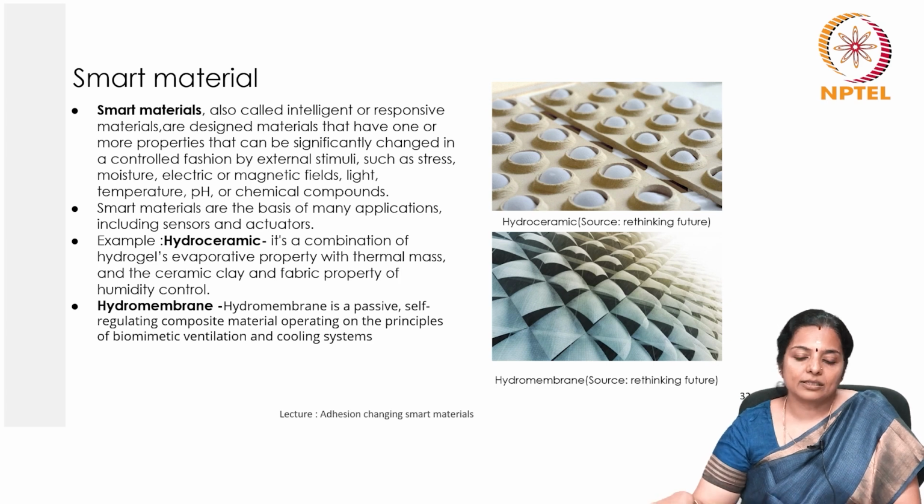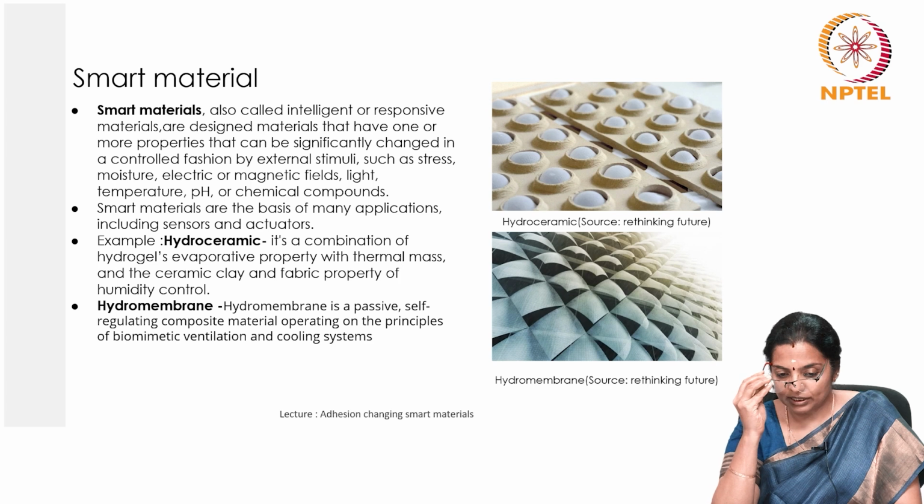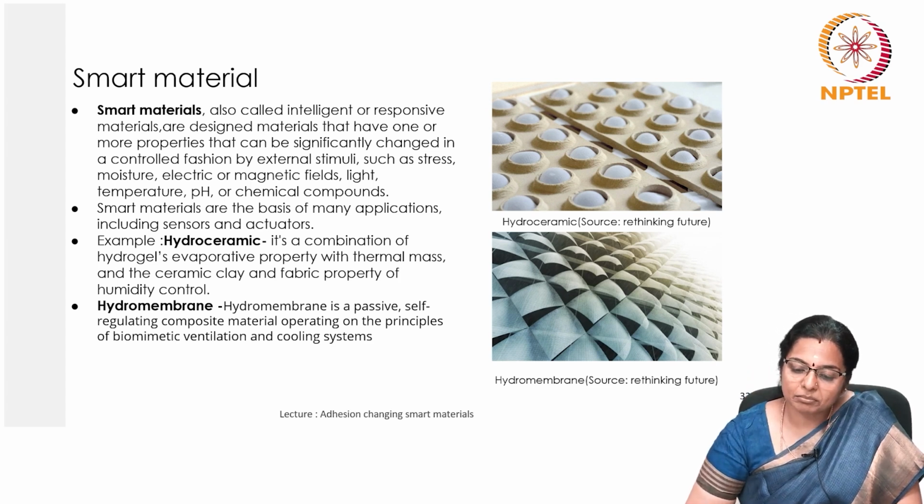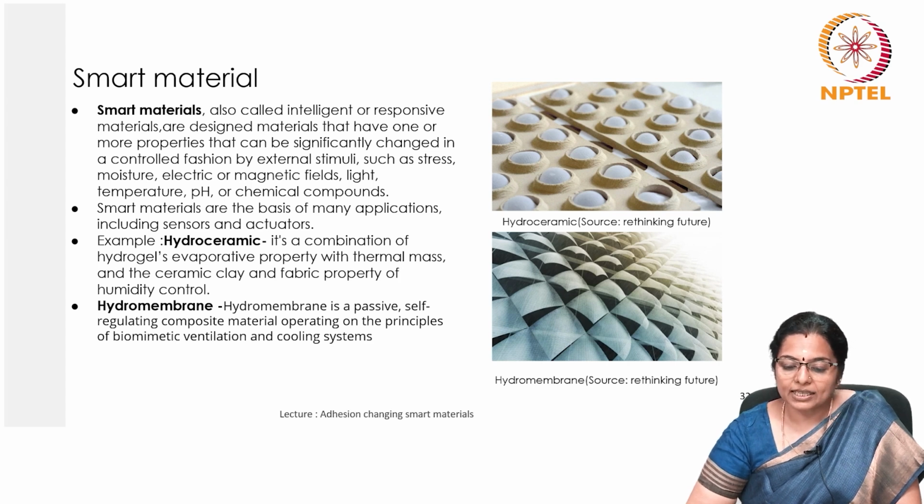So, if we look at smart materials which are intelligent and responsive materials, these are materials that are designed that have one or more properties that can be significantly changed in a controlled fashion by an external stimuli such as stress, moisture, electric or magnetic fields, light, temperature, humidity, pH, chemical compounds, etc.